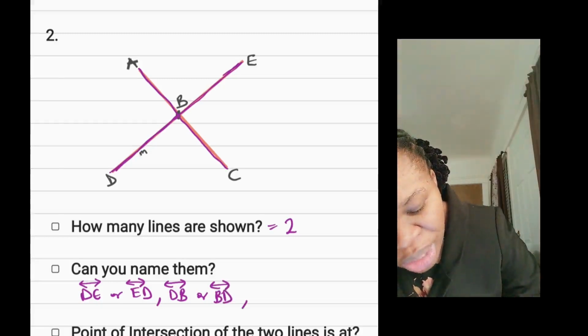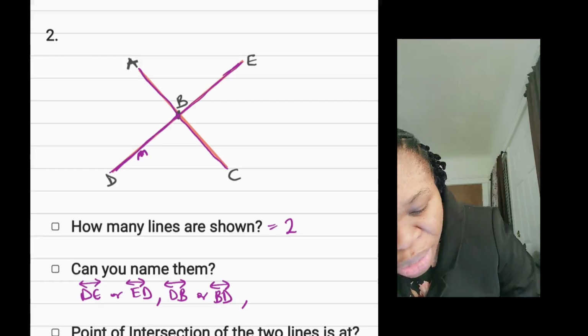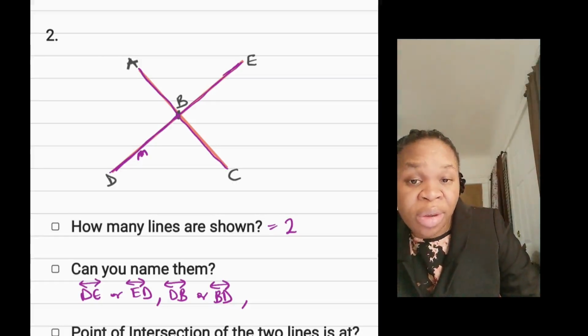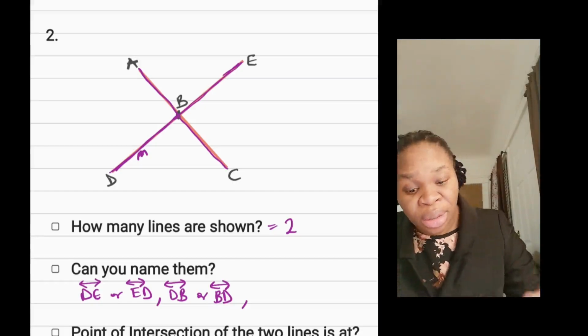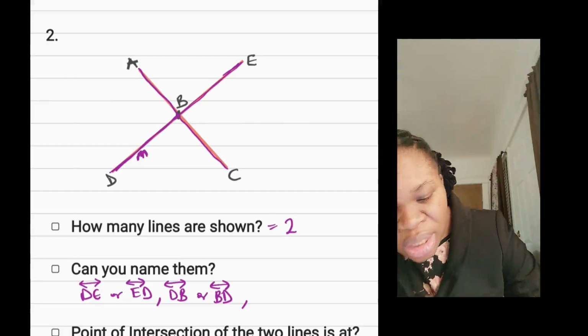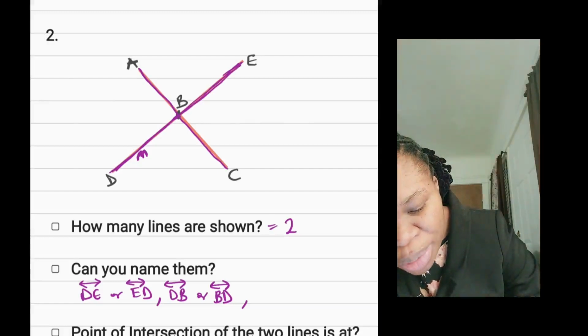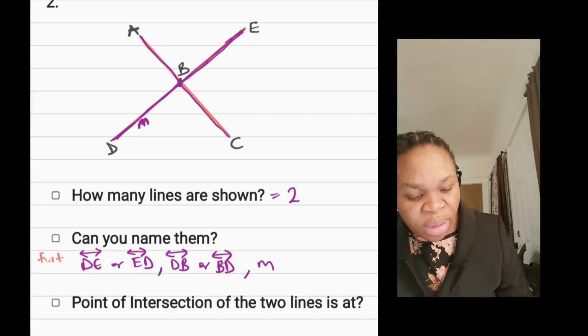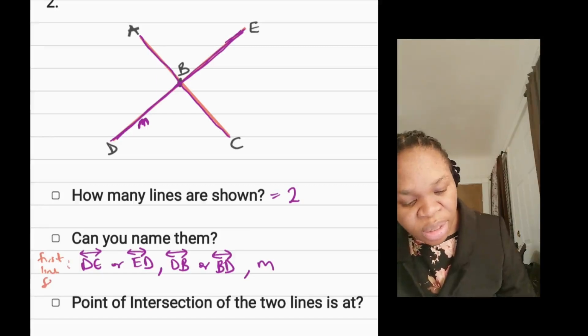We also have this, now this small m means this line can also be called line m. So we can make use of any alphabet to call a particular line, not just necessarily a point. So in this case, it can be small m. This small m represents all this line. So the first line can be all this: DE, ED, DB, BD, and m.